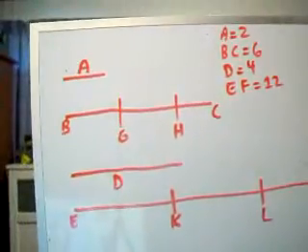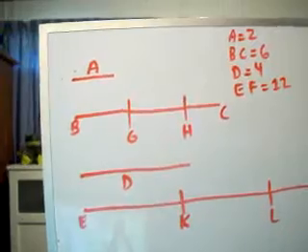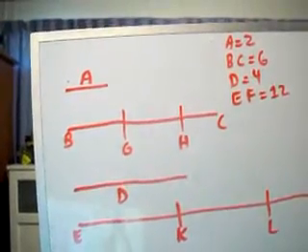Now EK, KL, and LF are equal in length to D. And since the units BG, GH, and HC are equal to one another, and the numbers EK, KL, and LF are also equal to one another, what does that mean? Well, BG is the length of 2, GH is the length of 2, HC is the length of 2.